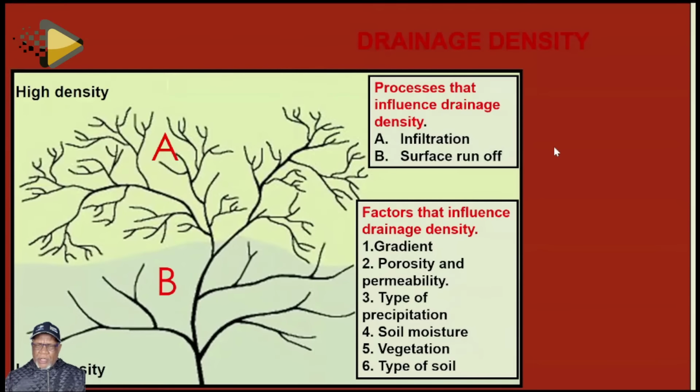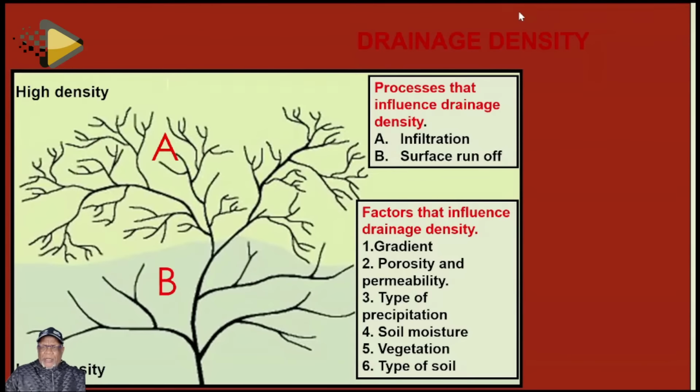As we are looking at drainage density, we must be able to define the concept. Drainage density is the total number of streams of a drainage basin divided by the total area of the drainage basin.